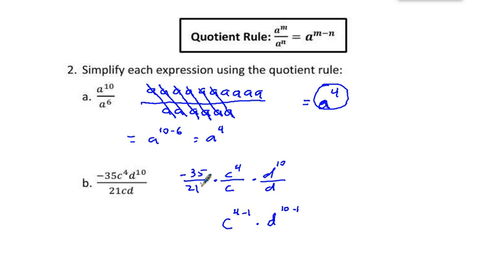So we see that 7 divides evenly into 35 and into 21. Into 21 3 times and into 35 5 times. So we have negative 5 thirds times C to the 4 minus 1 times D to the 10 minus 1. This is going to give us a final answer of negative 5C cubed D to the 9th divided by 3.